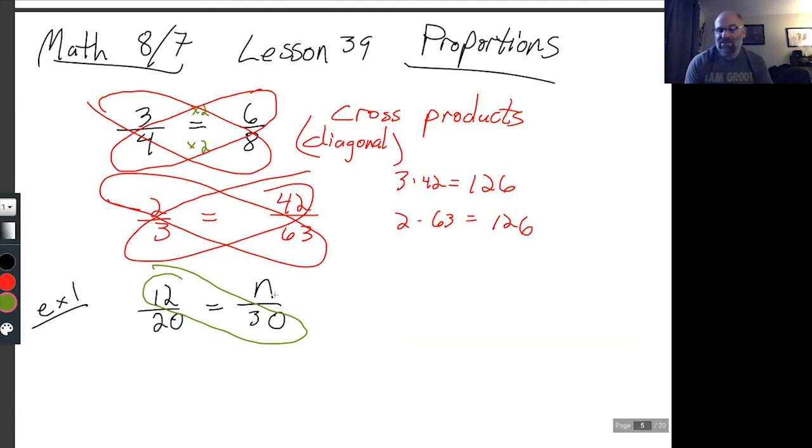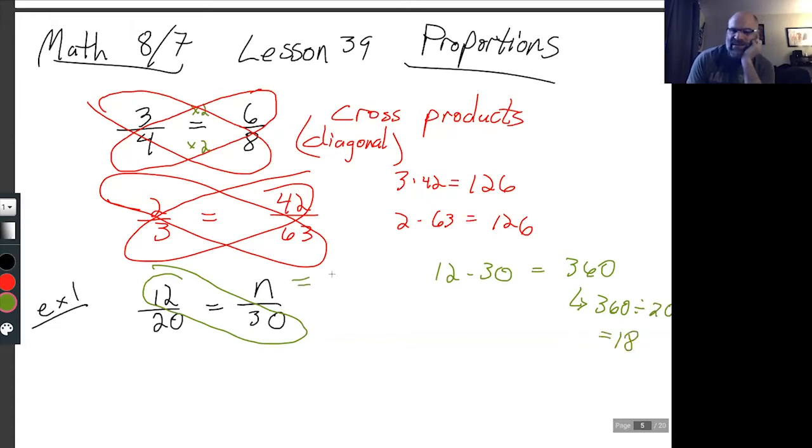So what times 20 equals 360? Now we take 360 and we divide by 20. Well, what's 360 divided by 2? That's 180, and so 360 divided by 20 is 18. Okay, so n equals 18.